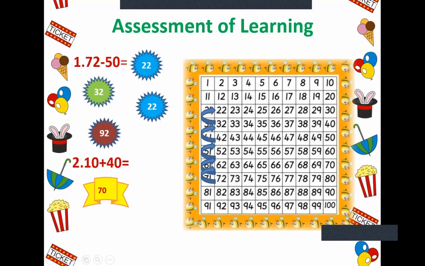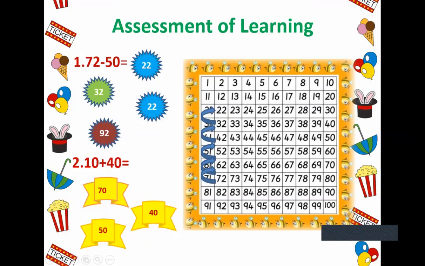Now one more question. 10 plus 40. Three answers are given: 70, 40 and 50. How will you do it? You have to add 40 plus 10. 40 has 4 tens.